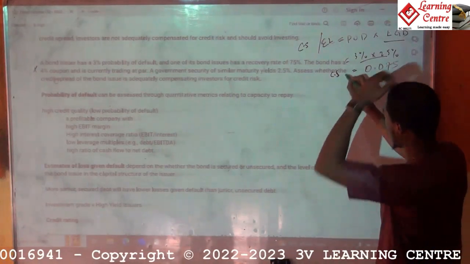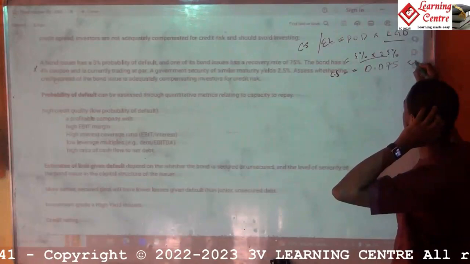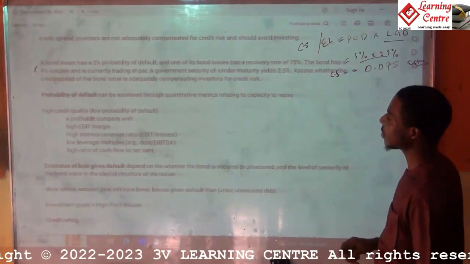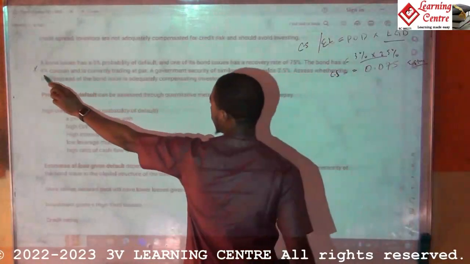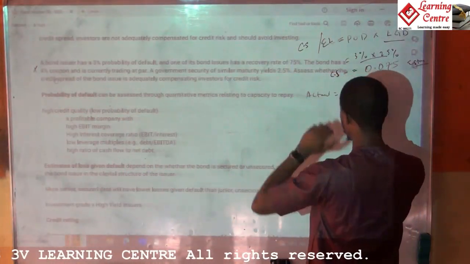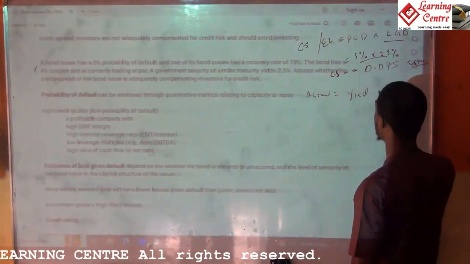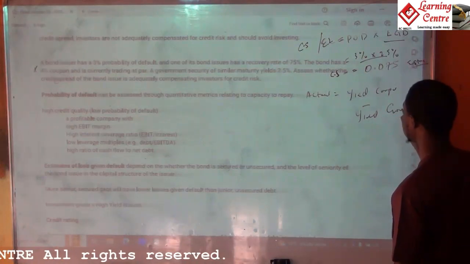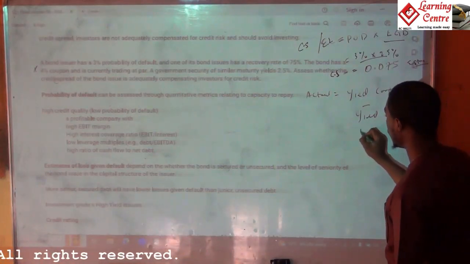Okay. This is the estimated, right? What is the credit spread given by the market? The actual, which is the yield on corporates minus the yield on government, 1.5.